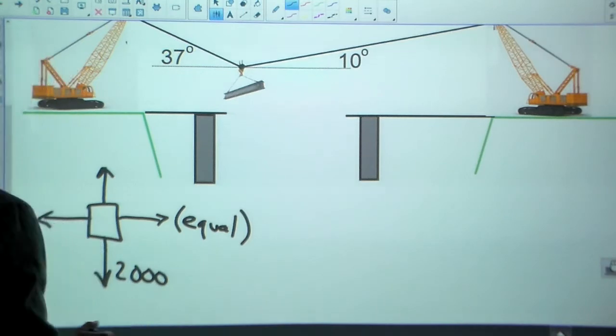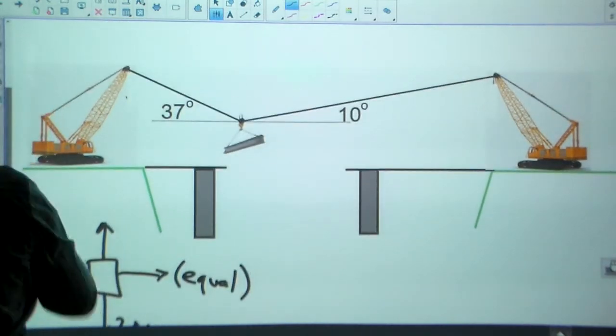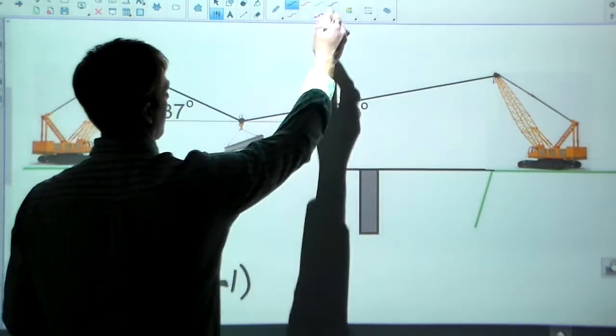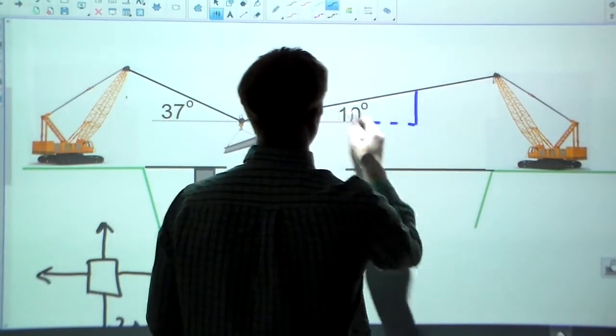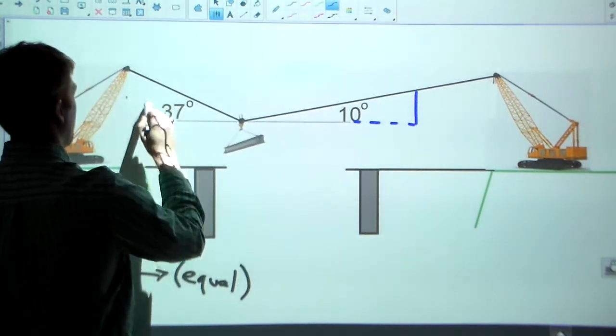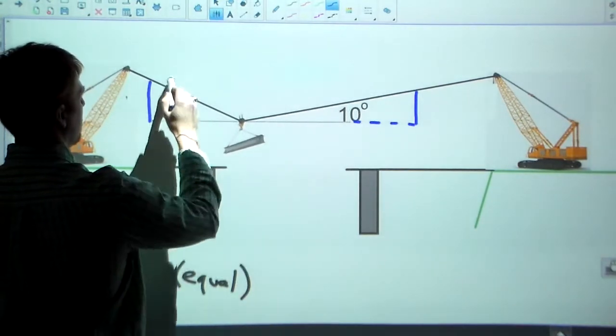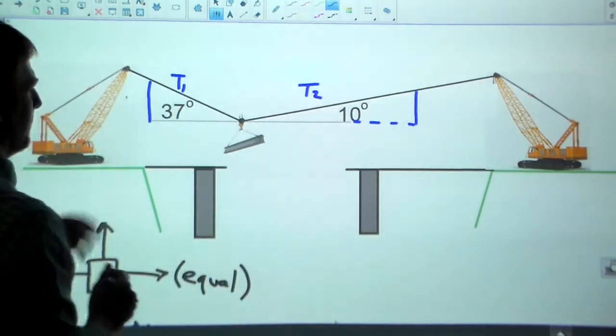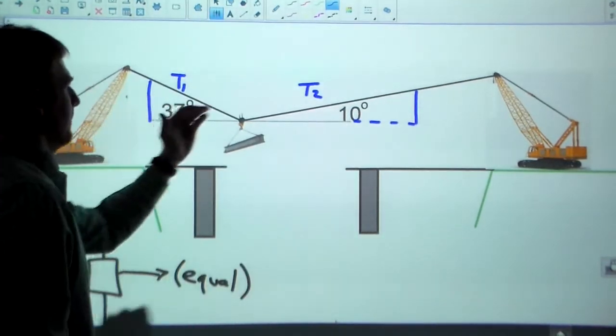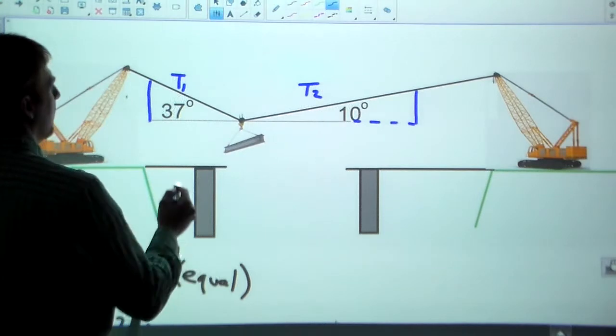Now, let's start thinking about tension. So now we're going to move on to setting up some trig. So this is 10 degrees. And let's probably call this tension 1, tension 2. It really doesn't matter. That's the amount of tension in that cable, that's the amount of tension in that cable.